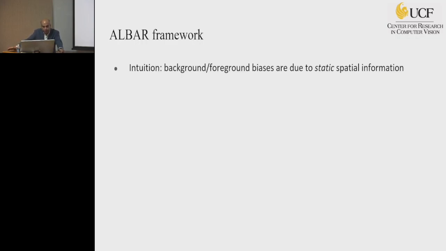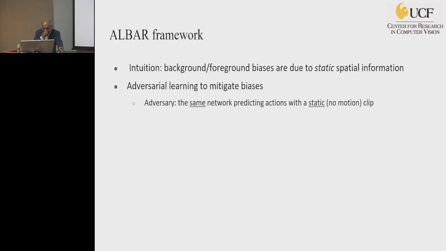So our framework for dealing with the background-foreground bias is very simple. Again, it uses the adversarial approach, and the main idea is that this bias comes from the static spatial information which is used by the model. So we will use adversarial learning to mitigate the bias, and we will use the same network to predict the action with static information, and we will look at the cross entropy of the motion clip minus the cross entropy of the static clip.